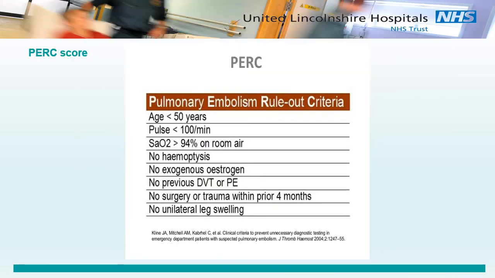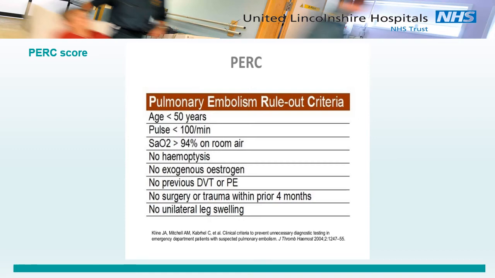So if we try to apply the pulmonary embolism rule-out criteria, this will not fit for her because she is more than 50 years old, and also there is a history of cancer.